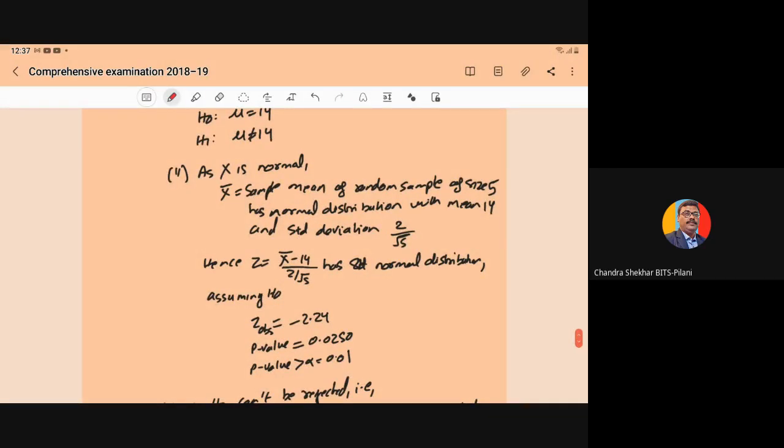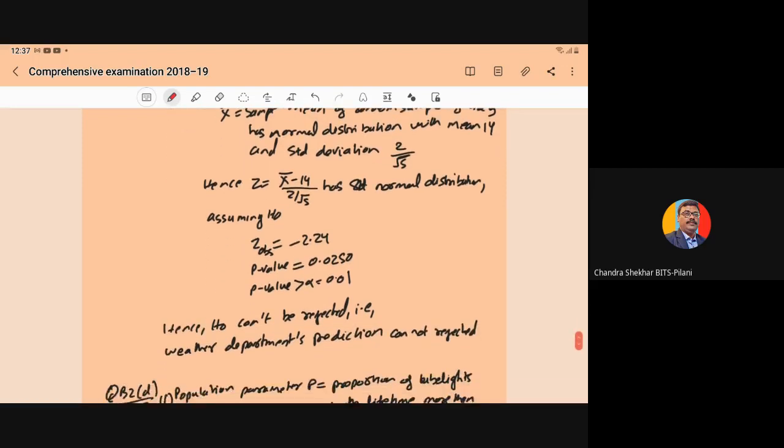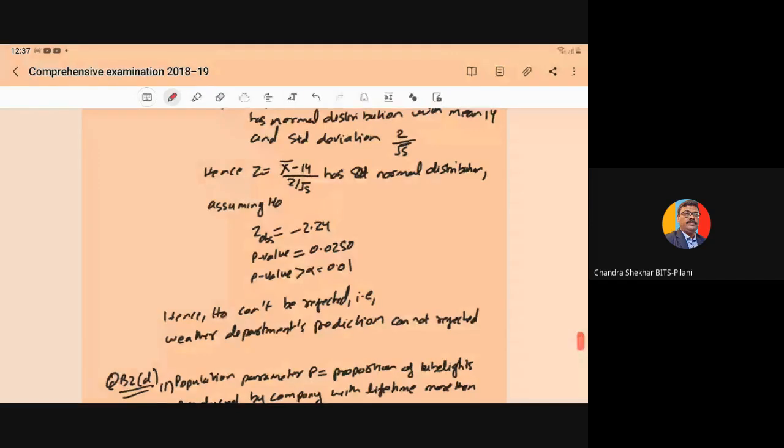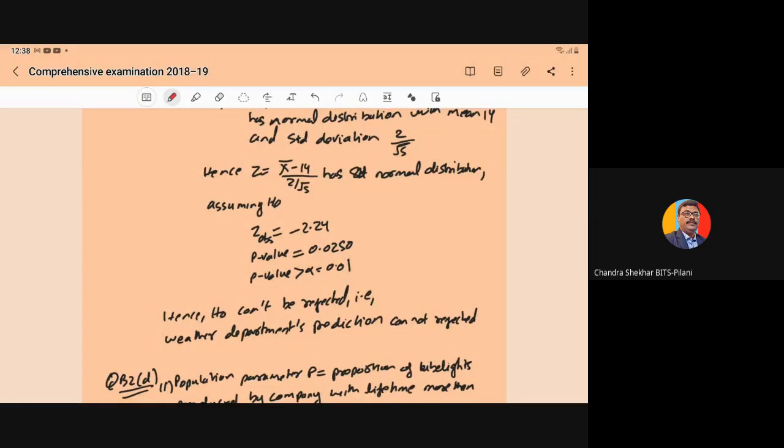So from the given data, the z observed will come minus 2.4. So from the 2.4, we have the p value as 0.0250, which is greater than 0.01. So when the p value is greater than the level of significance, then H naught cannot be rejected.